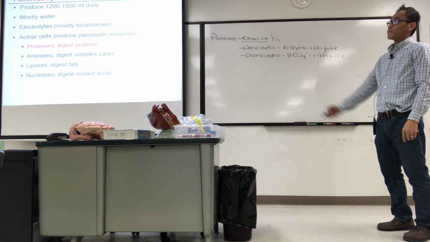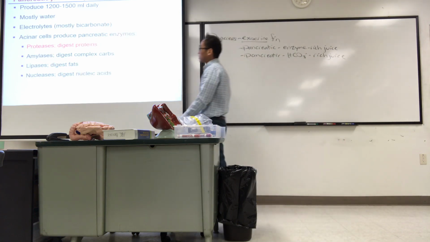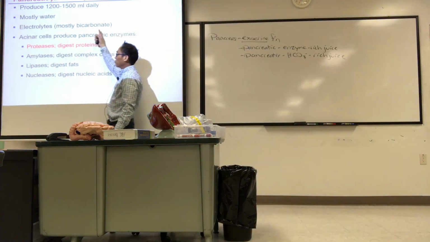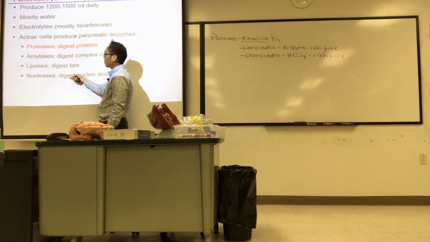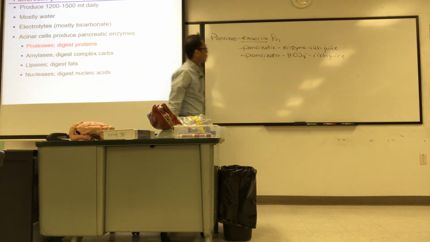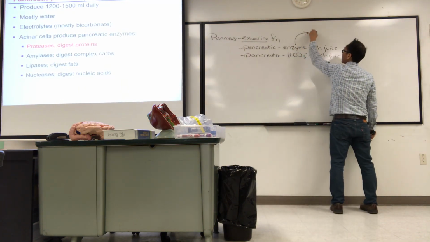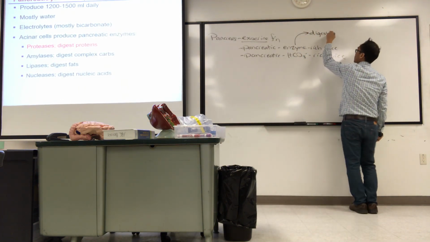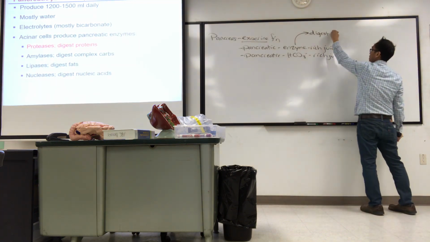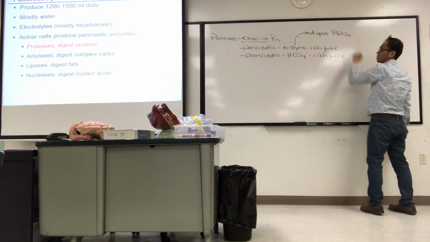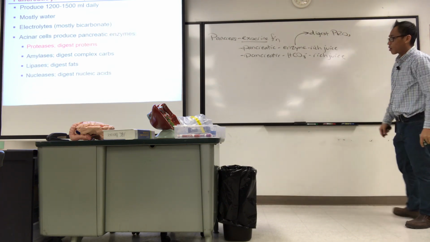And it's mostly water. The bicarb will neutralize the acid, but those enzymes are listed here. The enzymes digest, well, as I list there, proteases will digest proteins. The amylases will digest carbs.